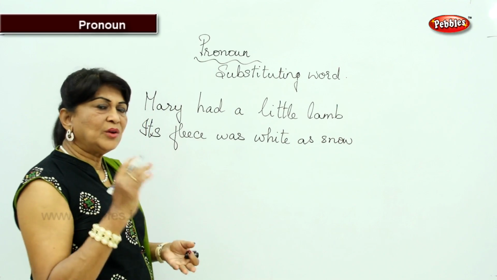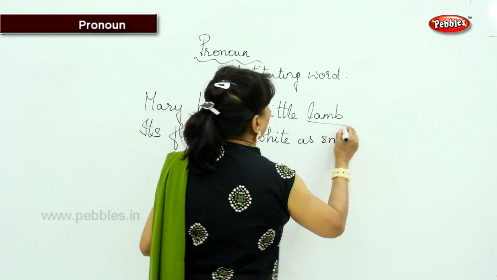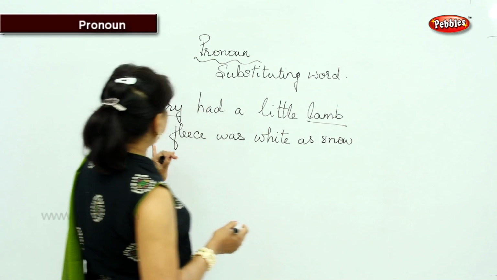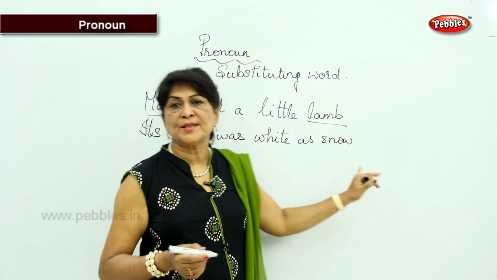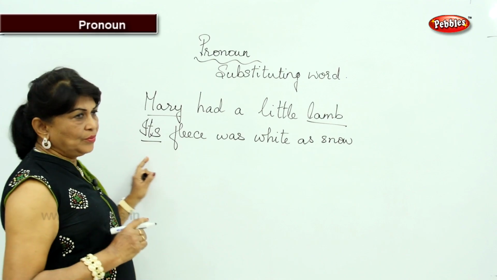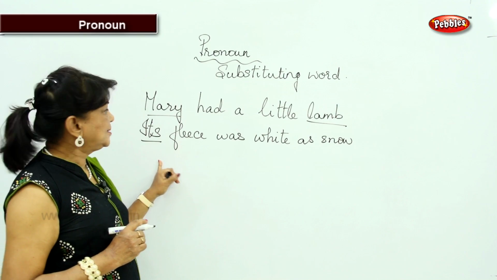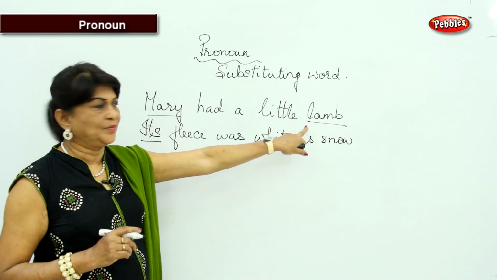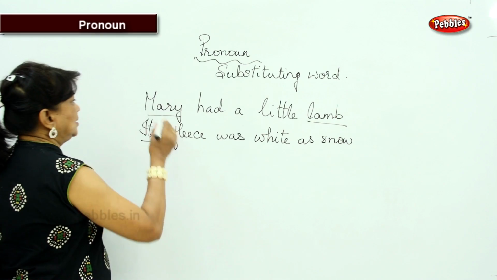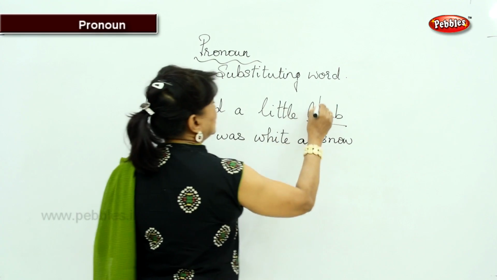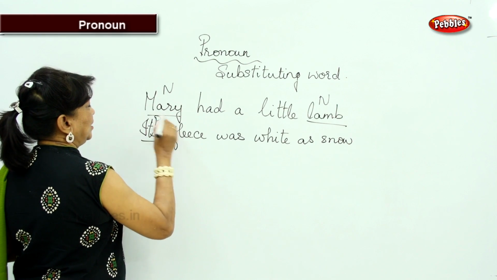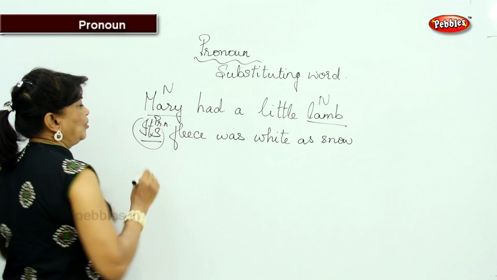A lamb is a young one of a sheep. So Mary is a proper noun and lamb is a common noun. Now, its fleece was white as snow. Whom does this word stand for? It stands instead of the lamb. That is, the lamb's fleece was white as snow. So this is a noun, this is a noun, but its is a pronoun. It stands instead of a noun.